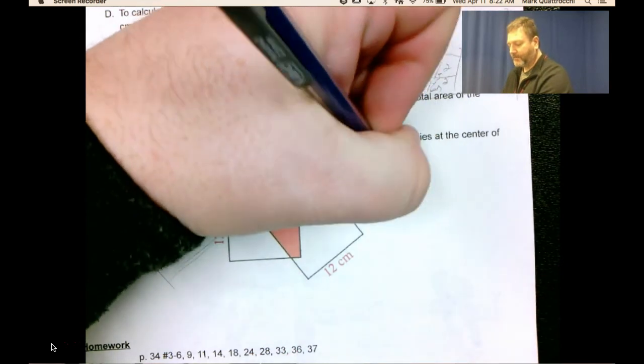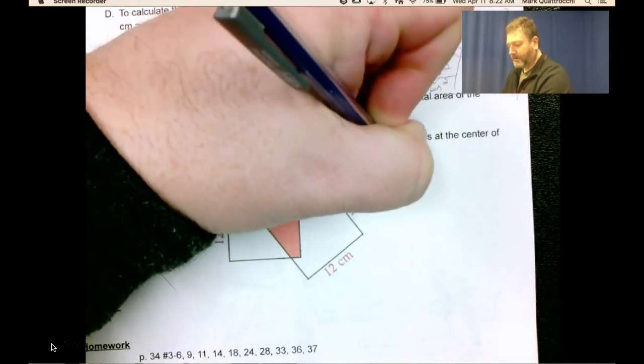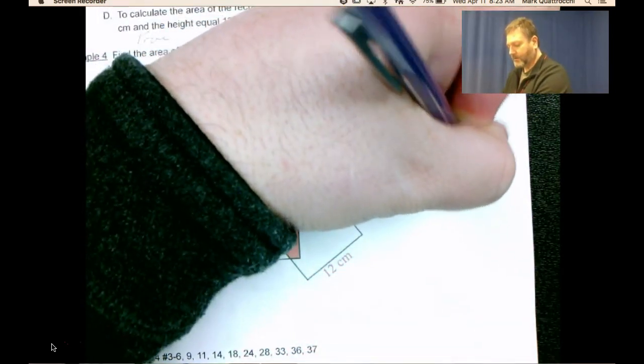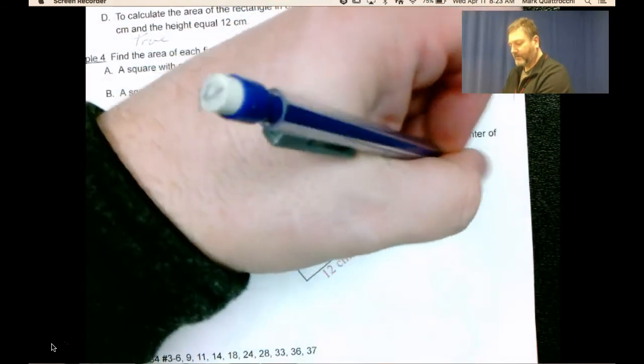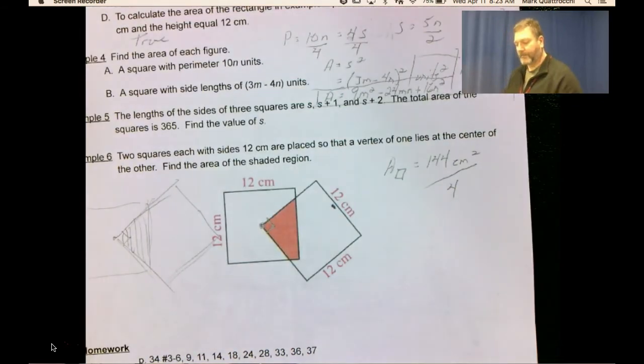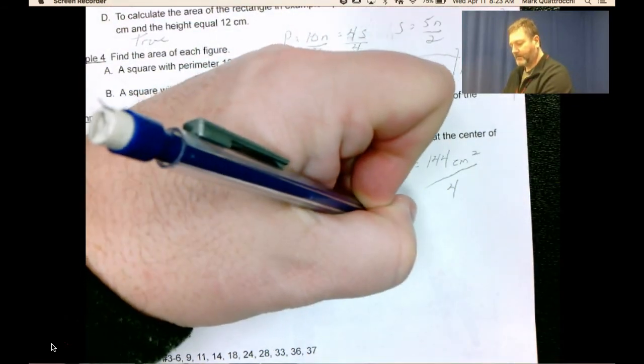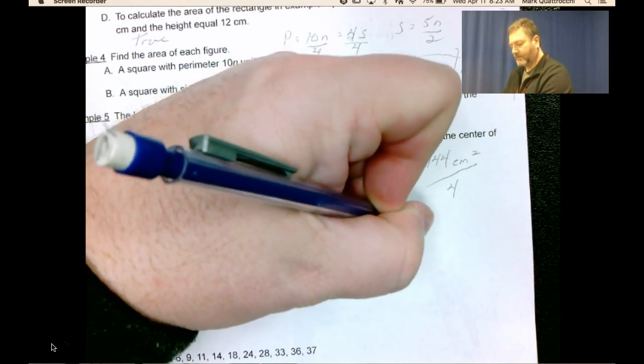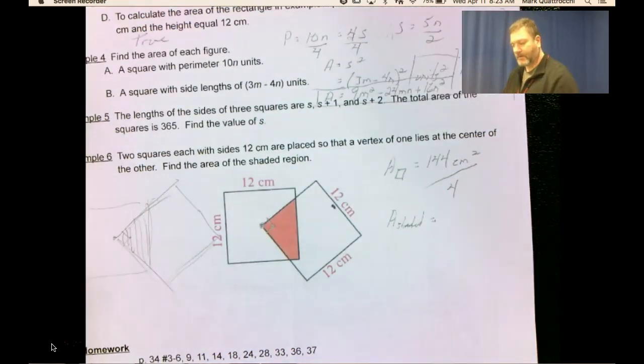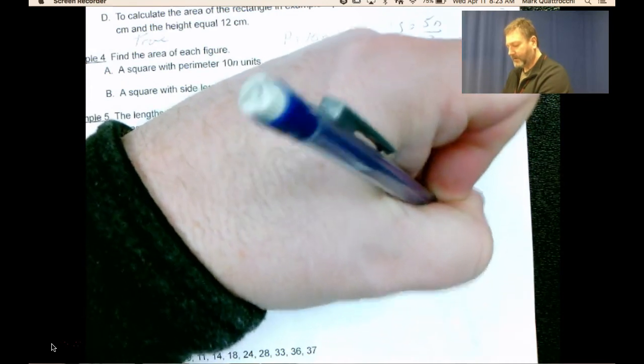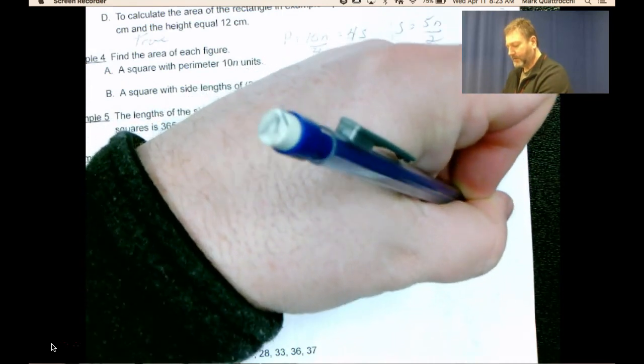When we divide that by 4, so area of the square is 144 centimeters squared. If I divide that by 4, then the area of the shaded region is equal to 36 centimeters squared.